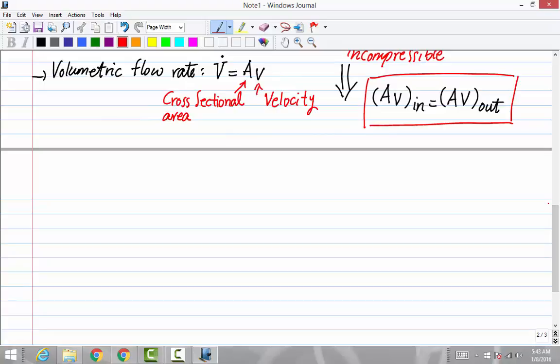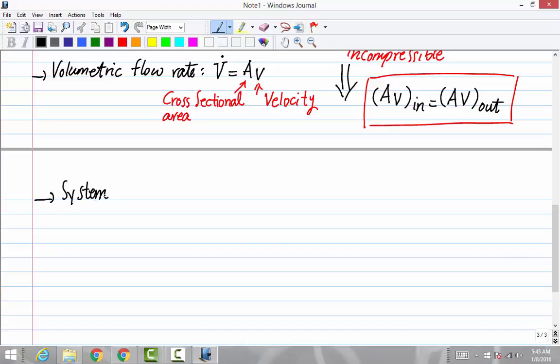Now we can use this equation and solve our question. But, as I told you before, we have 2 steps to take before we start solving our question. The first one is, what is our system?